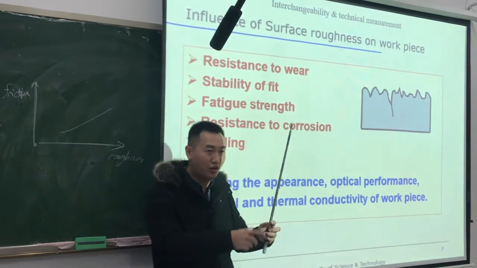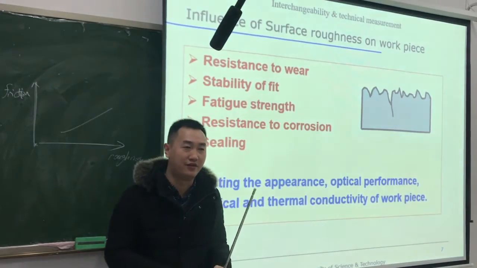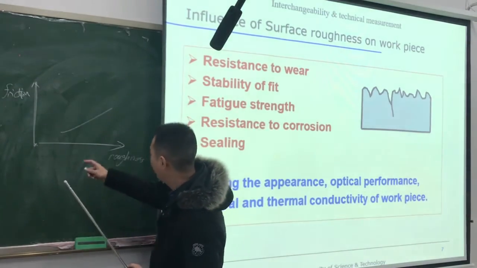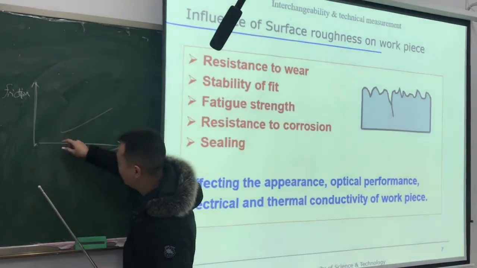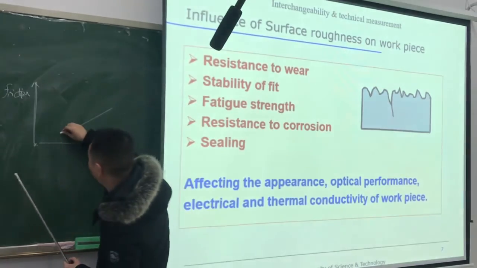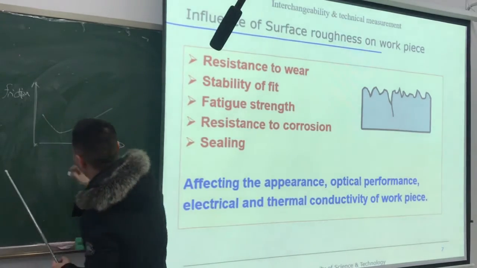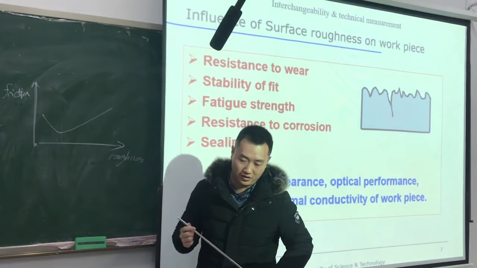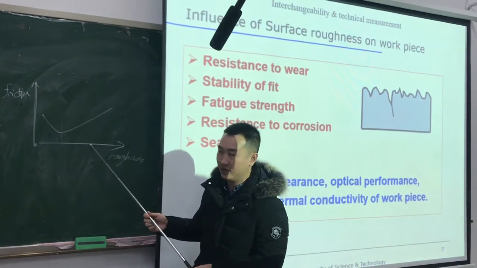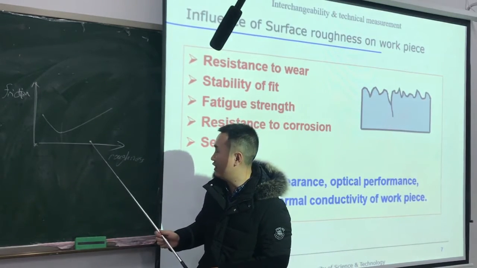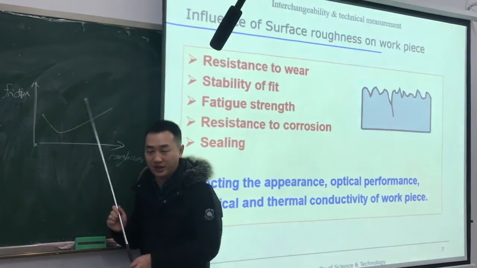It can even hold the apple onto the knife, right? So when the roughness decreases to a certain value, the friction will increase. So in fact, the real situation is like this: with the increase of roughness, the friction first drops and then increases.